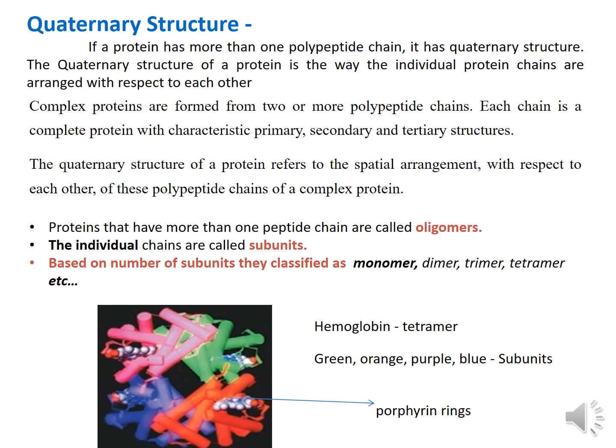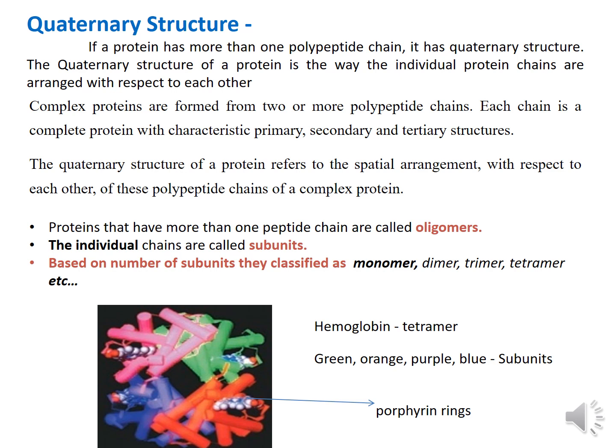So this refers to the spatial arrangement of the polypeptide chains of a complex protein. Proteins that have more than one peptide chain are called oligomers. Individual chains are called subunits. Based on the number of subunits, they are classified into monomers, dimers, trimers, tetramers, etc.